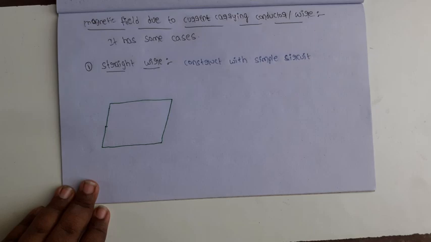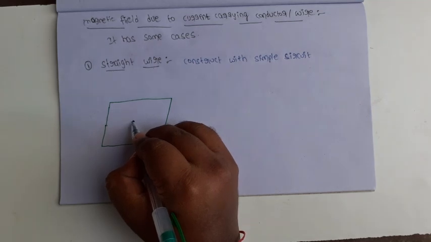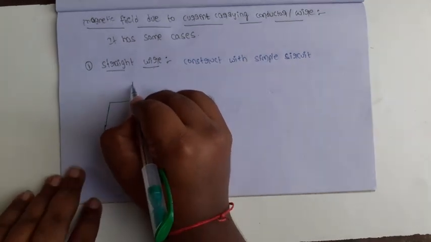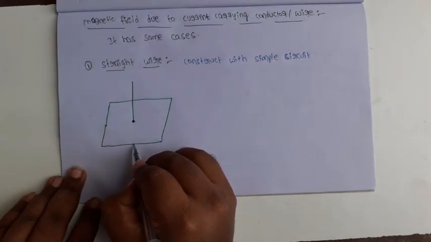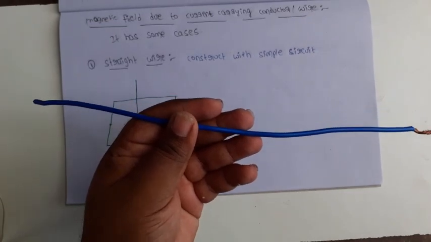Make a hole at the center of the cardboard and place the straight wire in it. This is the straight wire. Place it like this.